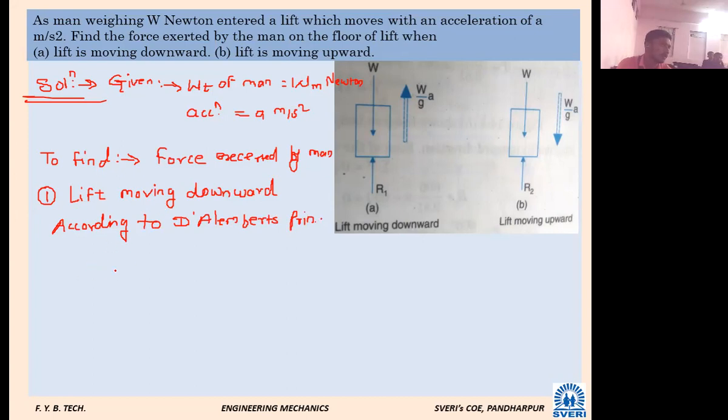R minus ma equal to 0 or F minus ma equal to 0? F or R, both will be the same. Anyhow, you have to add all forces in the system, according to their sign convention. Either you can say R minus ma equal to 0 or F minus ma equal to 0.